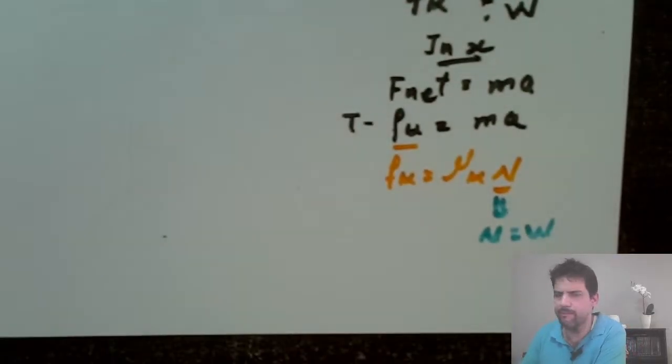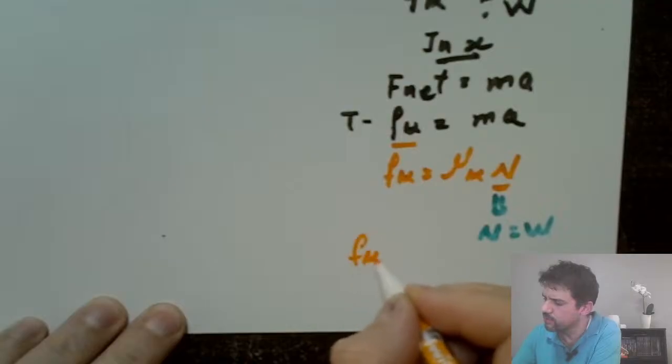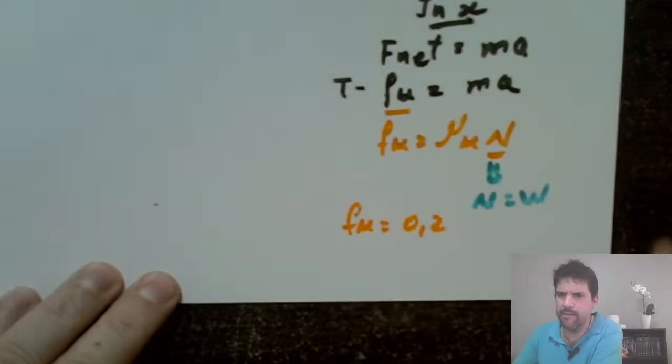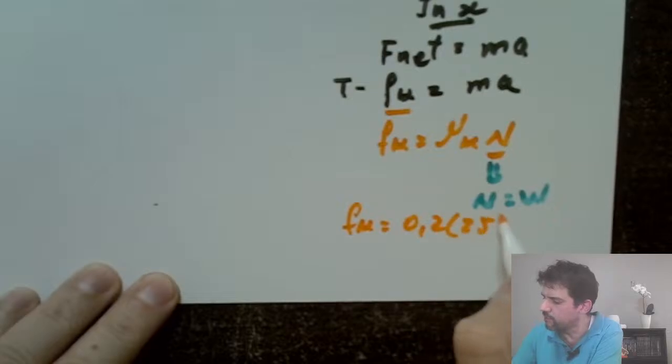So if we go here, then we can now calculate the kinetic friction, which we are going to do real fast. We have that kinetic friction is equal to 0,2, that is the kinetic coefficient, multiplied by normal, which is equal to W, which is equal to mg. So this one is equal to 25 multiplied by 9,8.